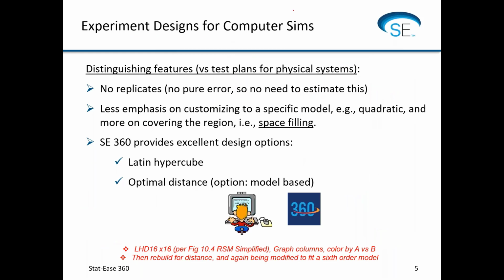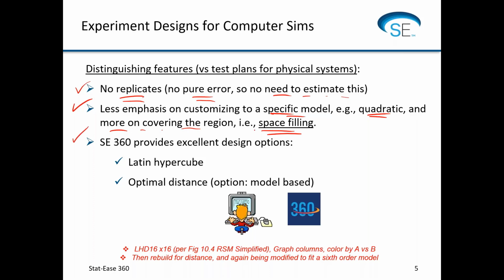With the computer sims that are deterministic, of course, we don't need to do replication because there is no pure error. So there's no need to estimate the error. There's less emphasis on customizing to a specific model, such as the quadratic that I just detailed, and more on covering the regions. So the designs are better off being space filling rather than optimal for a particular model.